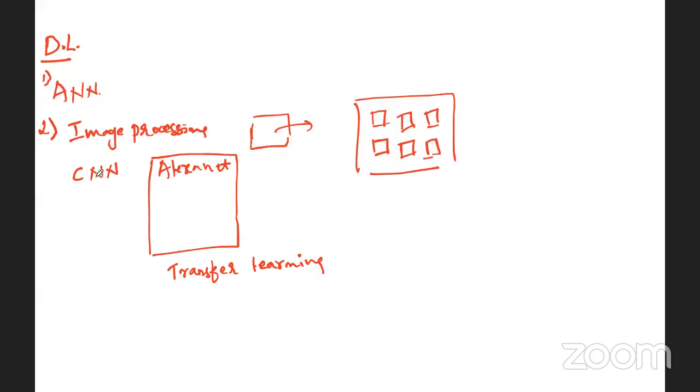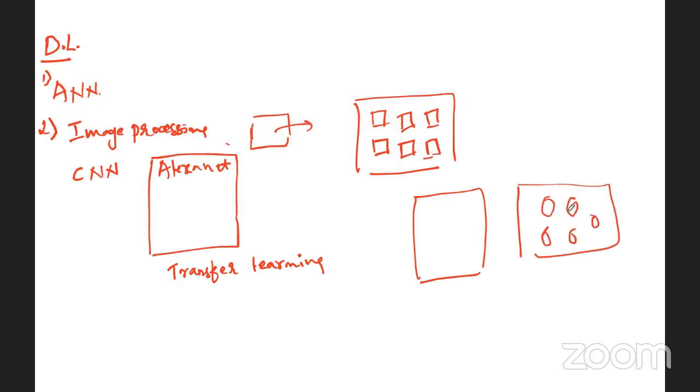Most of the research is going on in this area, transfer learning. That means we build a network on a certain problem. Okay, so there is one problem, now build a network here. And this network I can use for other problems also by modifying it a little bit.